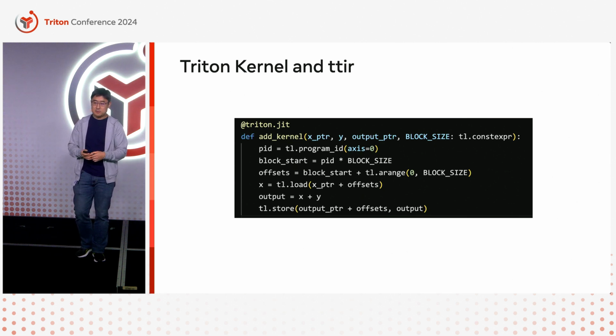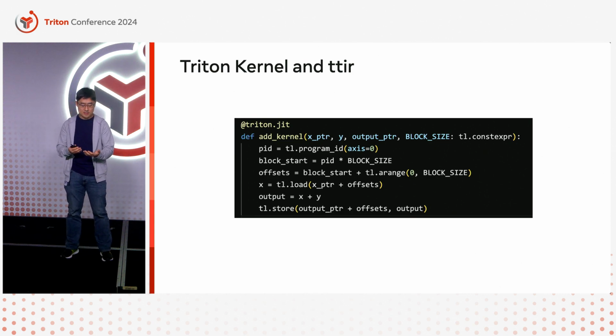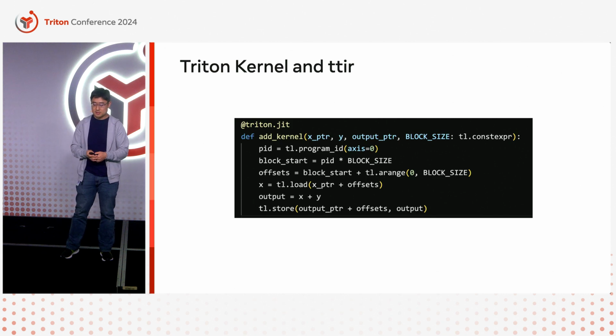In the kernel body, we first take the program ID. We then use the program ID to calculate the offset starting from which this program is going to process the data. The offsets variable is a per-element offset, so we calculate that by adding the block start with a range that starts from 0 and ends at block size minus 1.